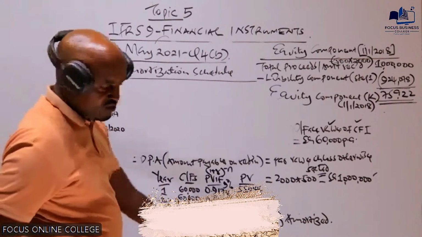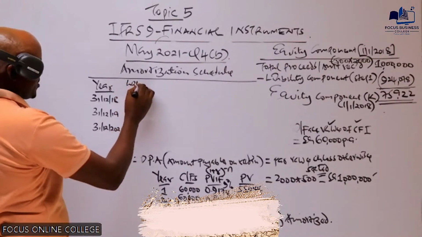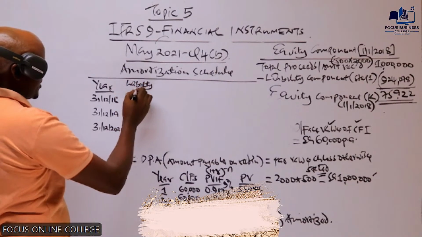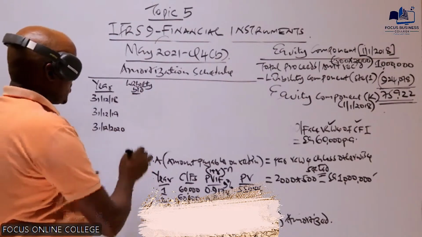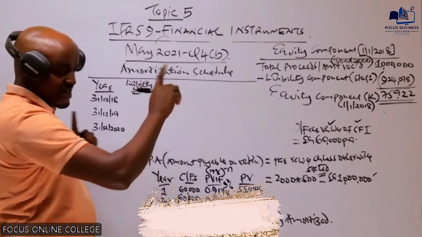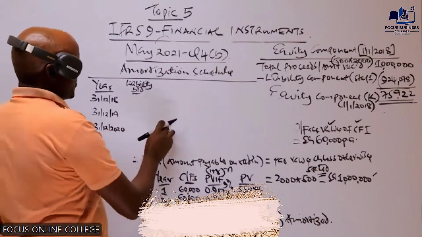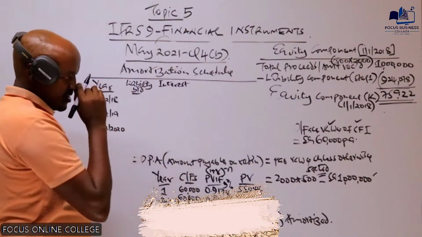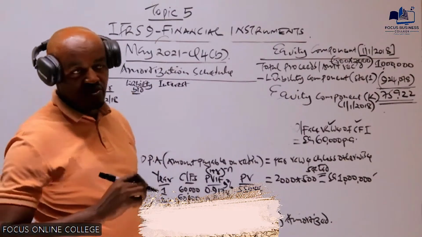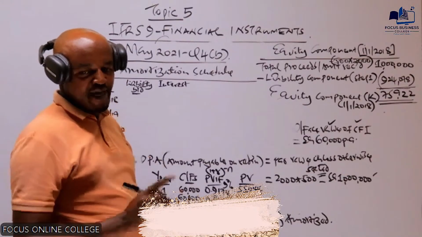So what do we want to amortize? This liability. So the first column here will be for the liability at the start, and take into account the interest is payable in arrears. The next column should be for the interest. And this interest, we always compute it based on the effective interest rate, the market interest rate.